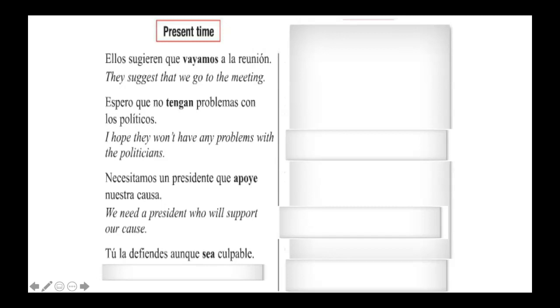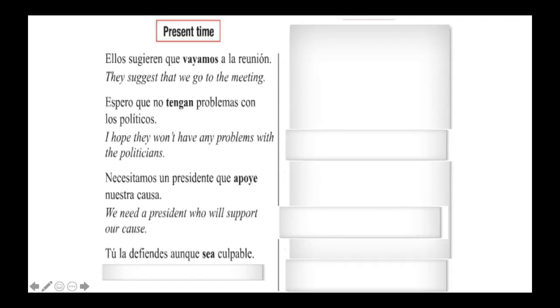We don't know if this president exists or not, right? If we say we need a president, in this case, you have to use subjunctive. Okay?